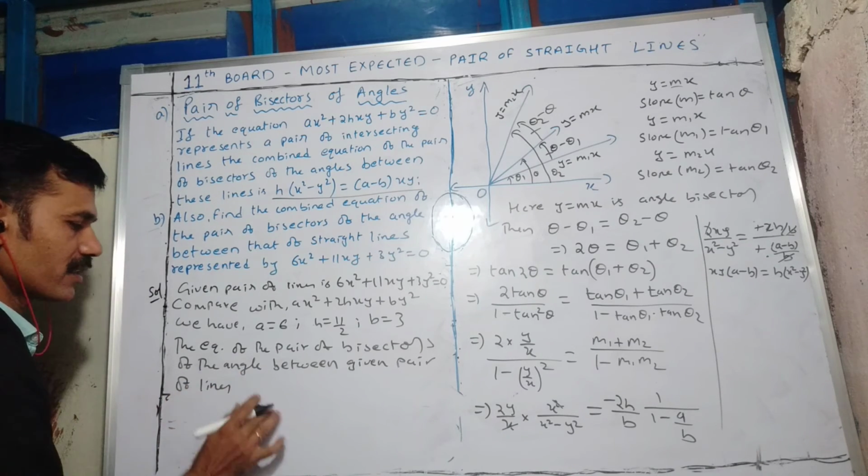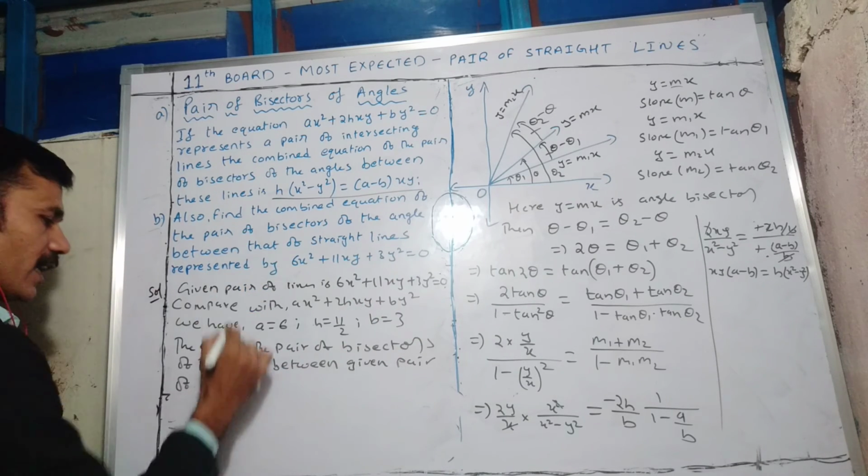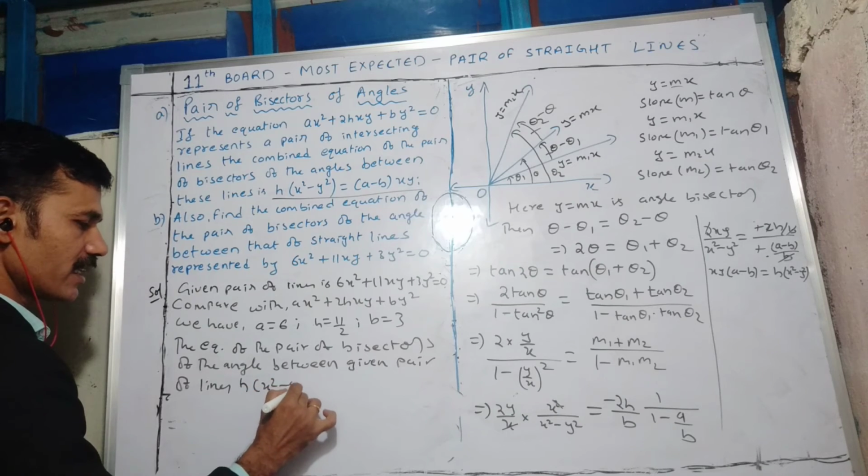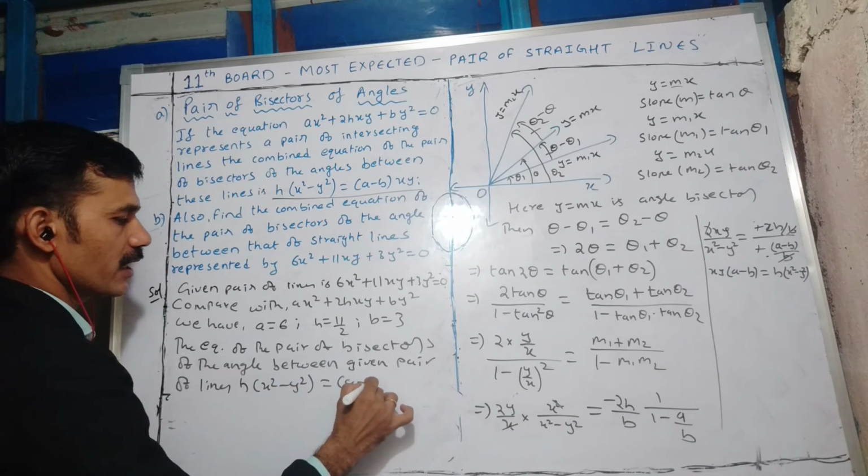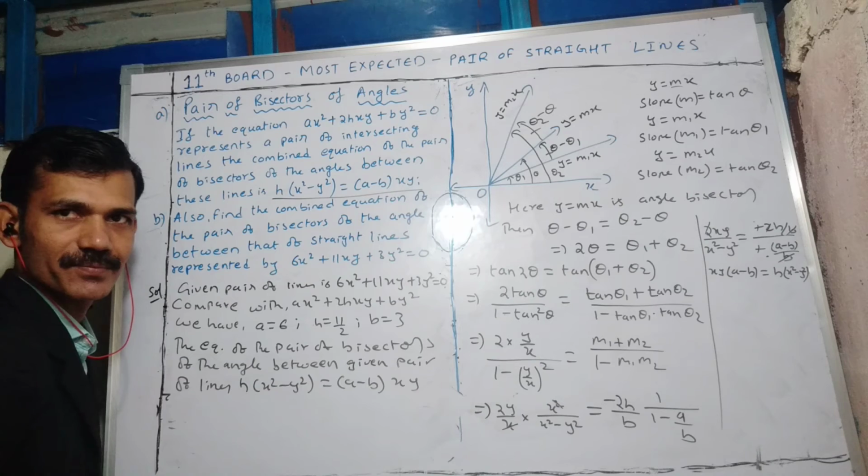Just now we have derived the formula, that is h times x square minus y square will be equal to a minus b times xy.